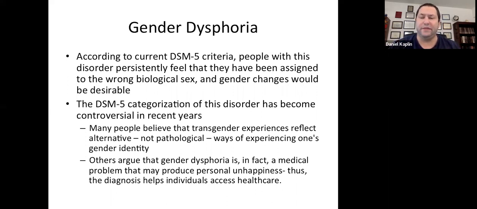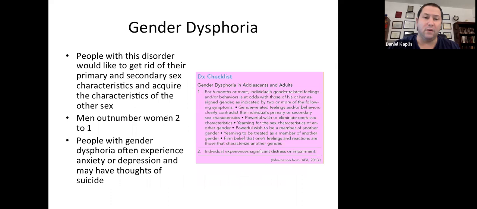So there are these polar opposite positions and a lot of fighting in the professional literature. There are even many advocacy groups that were bothered with the language that's used to describe gender dysphoria. Now, so what are the criteria?